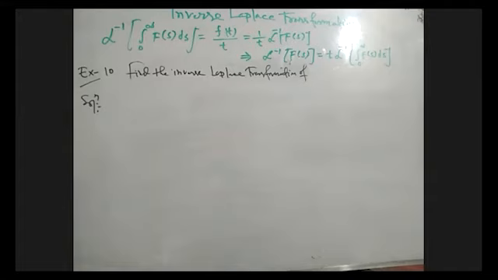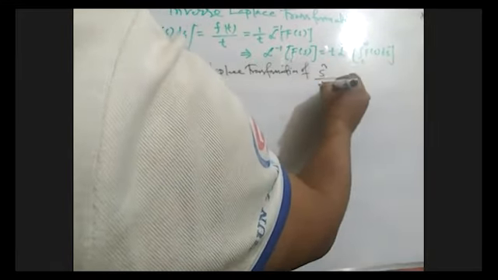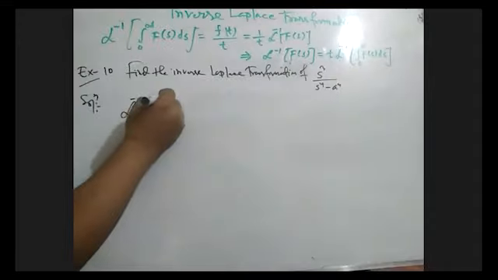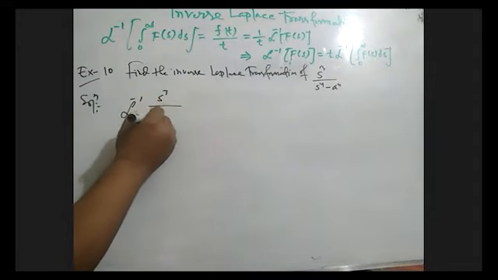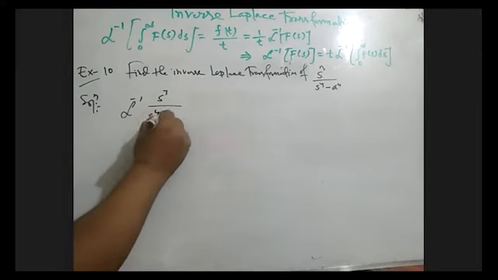Suppose we are finding the inverse of s cube by s to the power 4 minus a to the power 4. How can we find the inverse Laplace transformation of s cube divided by s to the power 4 minus a to the power 4?